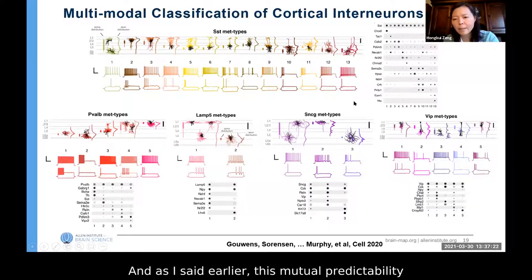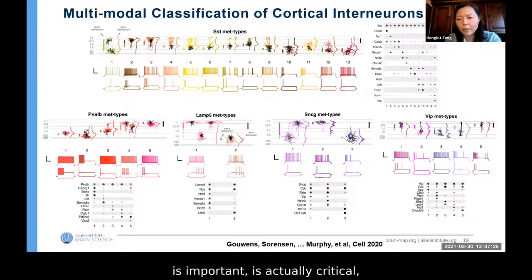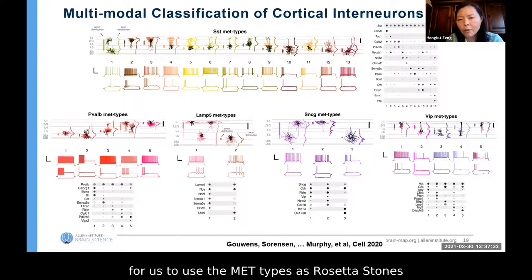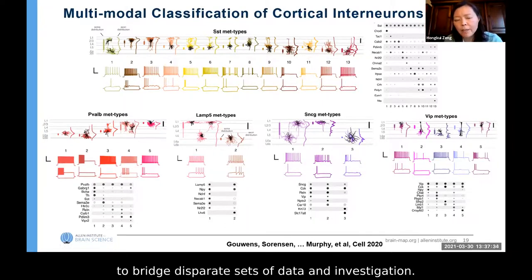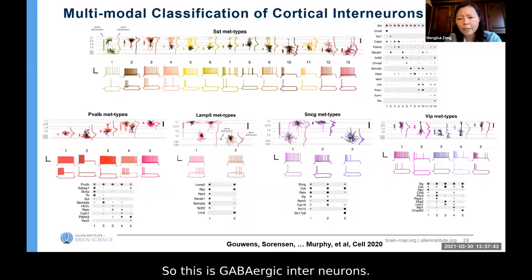And as I said earlier, this mutual predictivity is actually critical for us to use the MET types as Rosetta Stones to bridge disparate sets of data and investigation. So this is GABAergic interneurons.